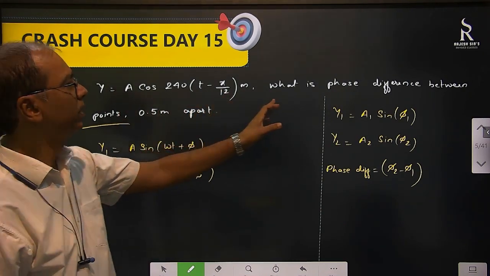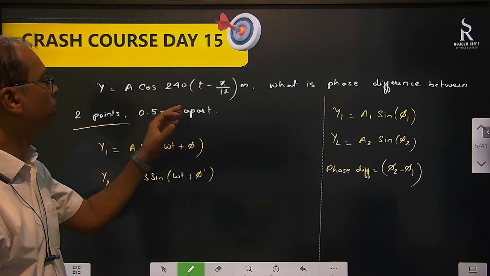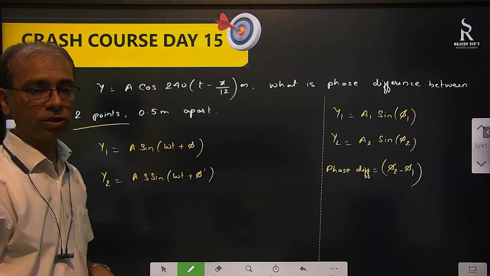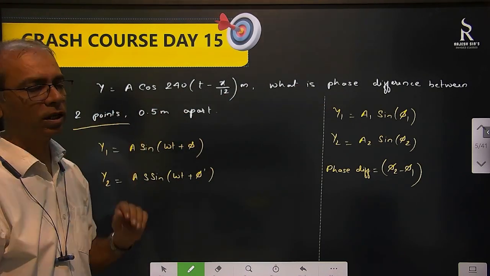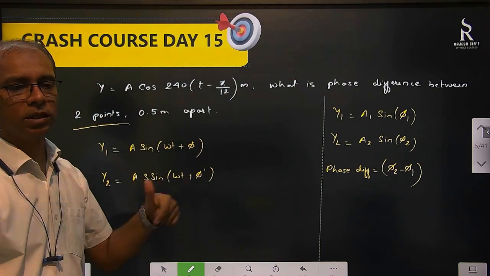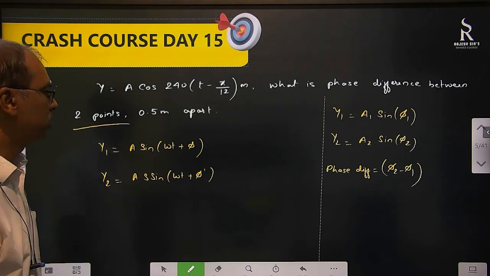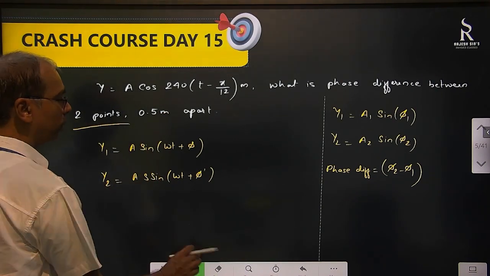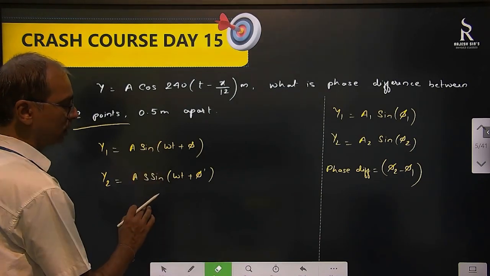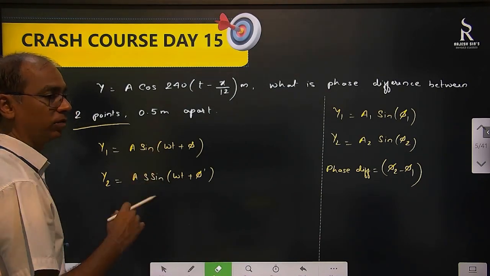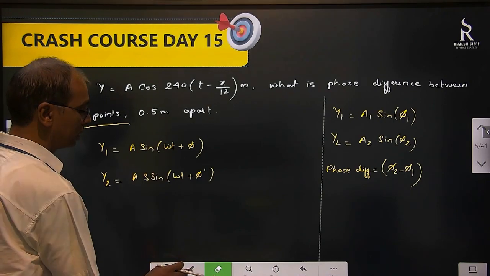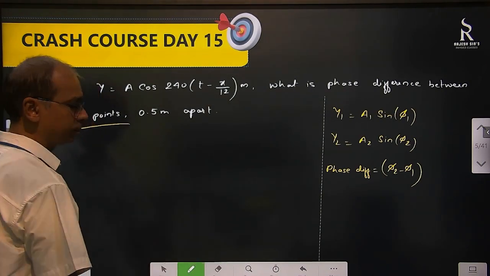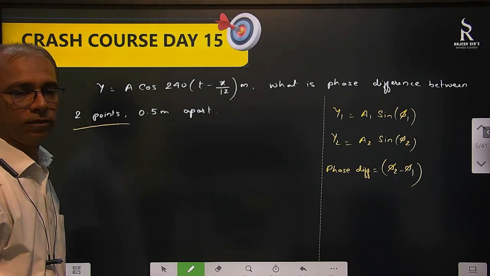Here it is saying, what is the phase difference between 2 points 0.5 meter apart. They are at a separation of 0.5 meter because they are representing a wave. They are not representing just a single particle doing SHM. So what is the difference between this and particles doing SHM in waves? The position of the particle. Position is the difference.